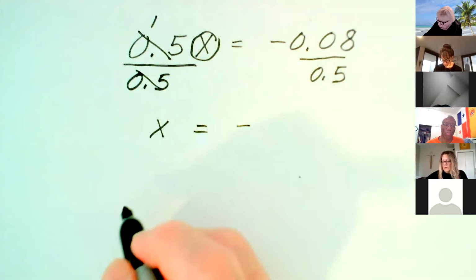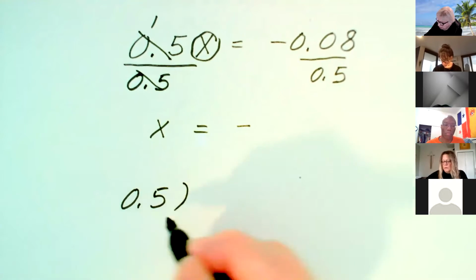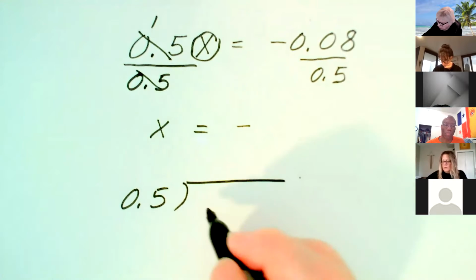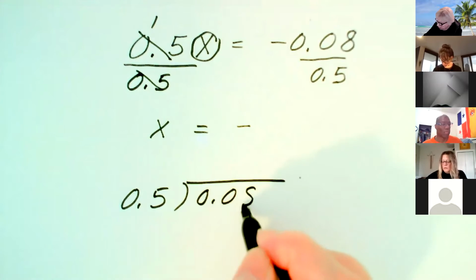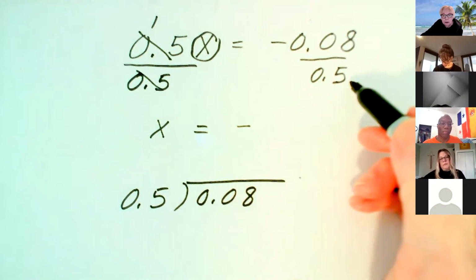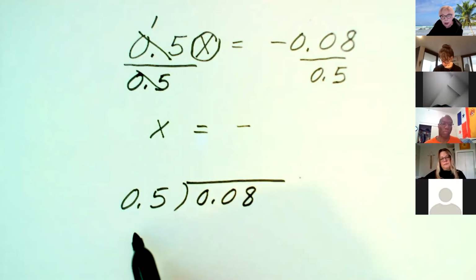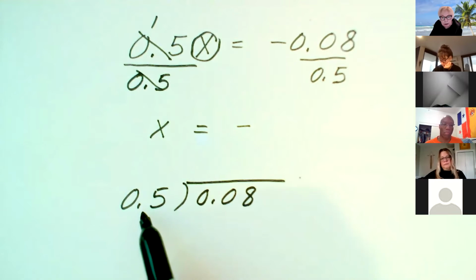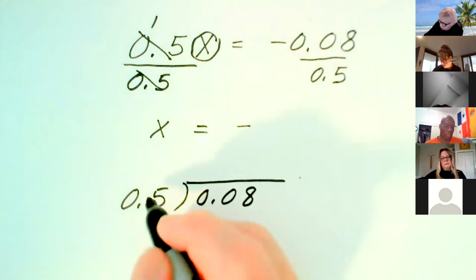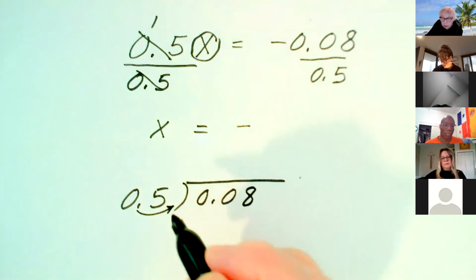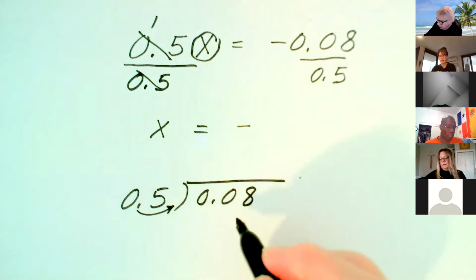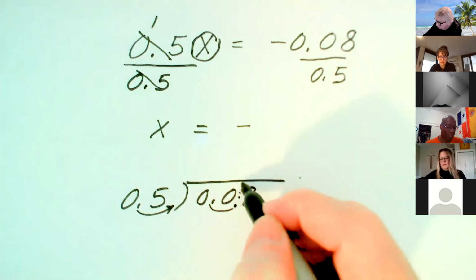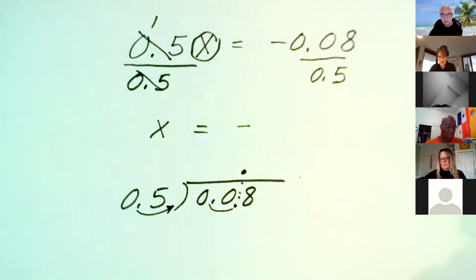And then this would have to be divided. And so 0.08. So the 0.5 is on the outside. And if you remember from the chapter on division with decimals, this had to move over one place, which is multiplying by 10. And this had to move over one place. And at that point in time, you bring it up.